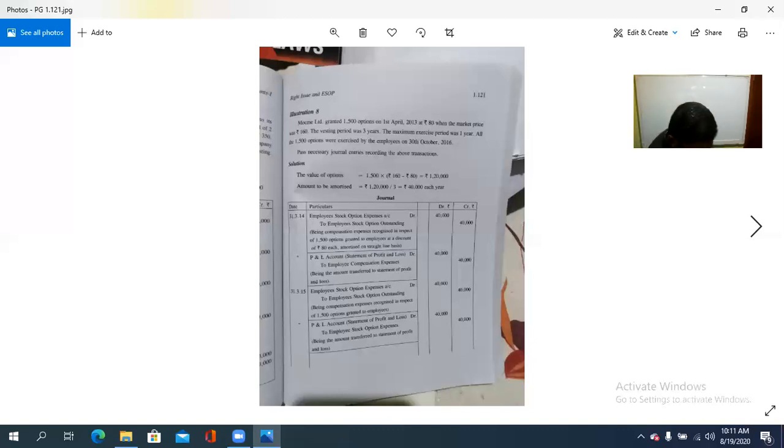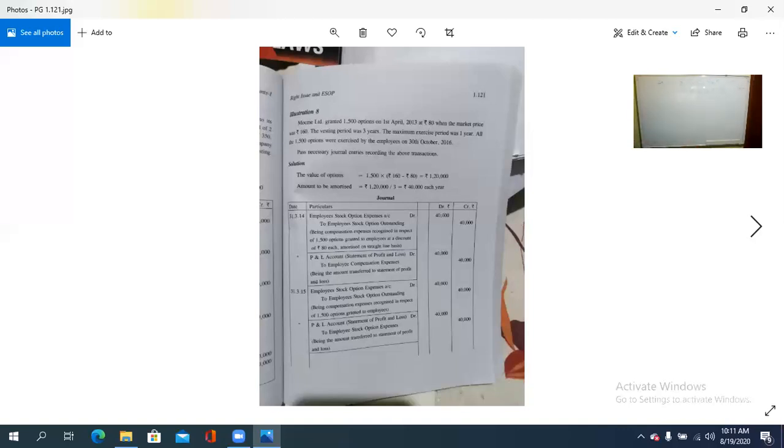So for the first year, 2014. Employees stock option expense debit to employees stock option outstanding, 40,000. Okay.